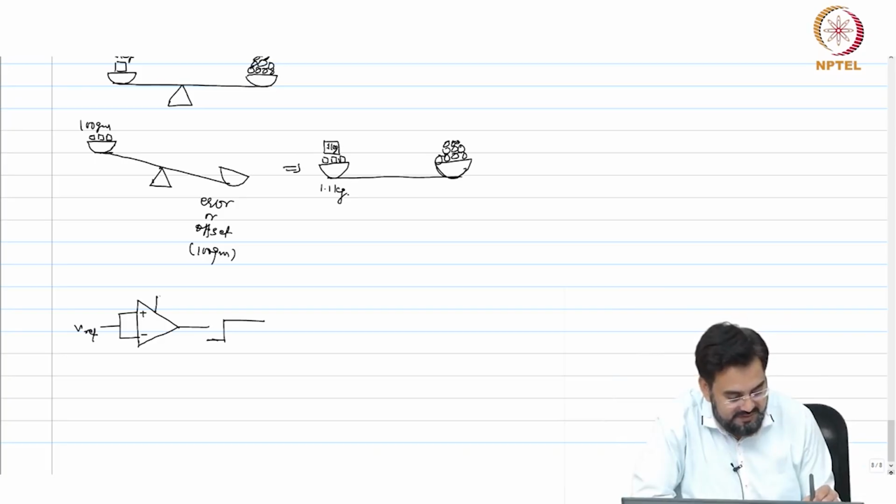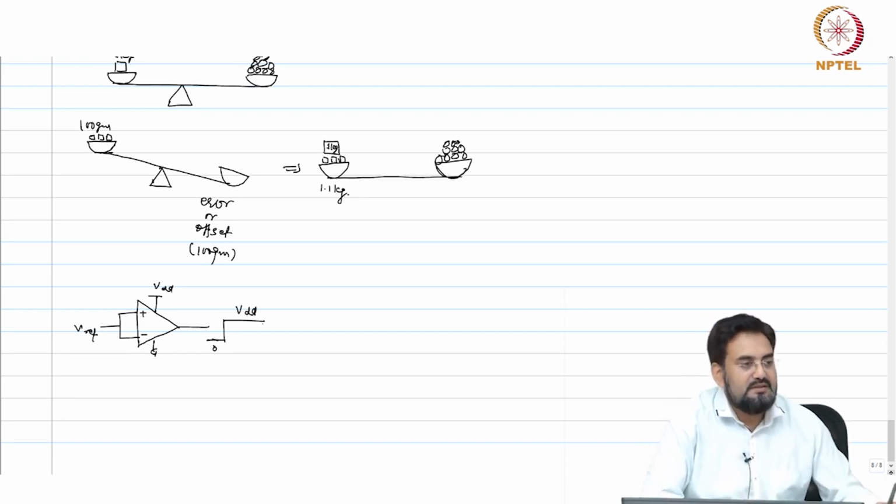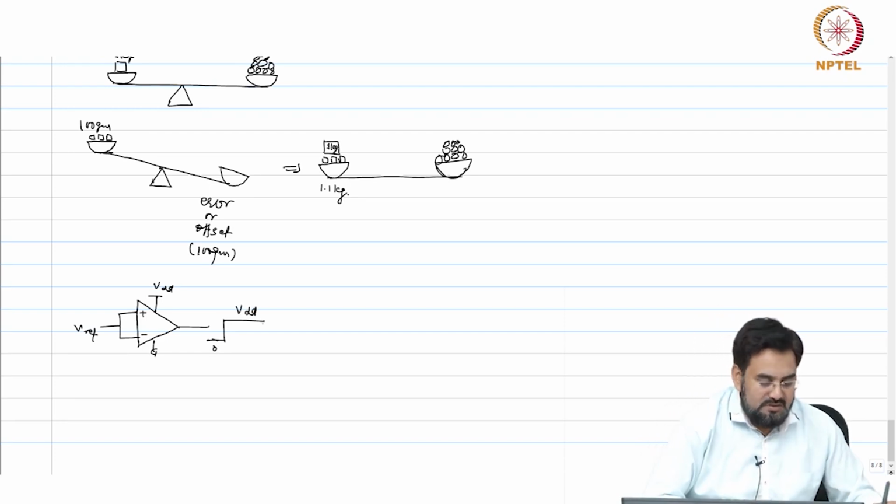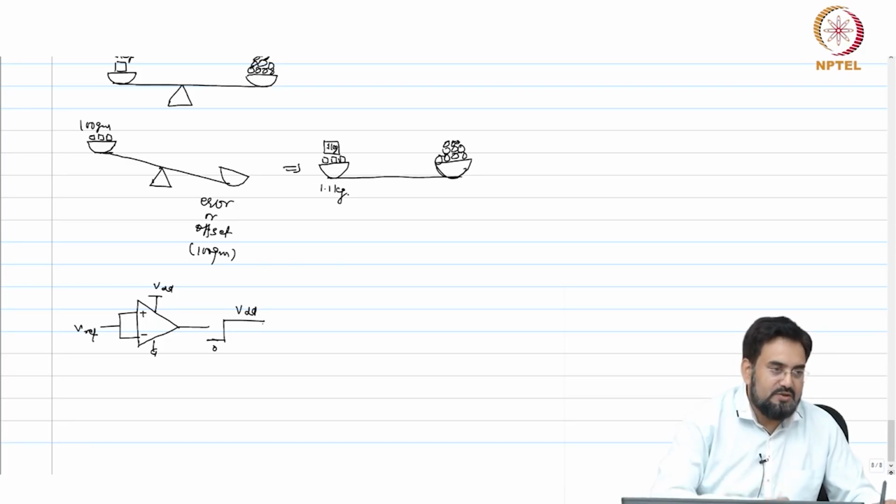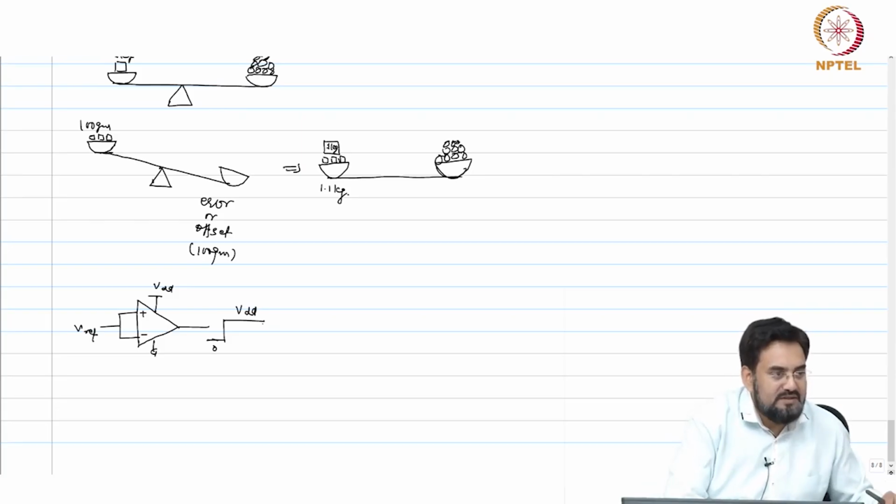So if this is VDD and this is ground, this is 0 to VDD. So what do I do, if let's say it was 0, then your negative terminal or input has more weight compared to positive.